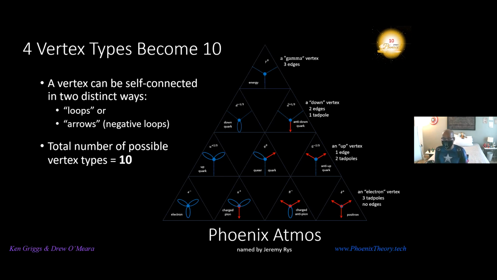However, a vertex can also connect to itself in a negative way. This kind of construction allows Phoenix to accommodate a new concept, which is antimatter. It is very consistent with graph theory that you allow for these 2 different types of connections. So in the end, we go from what we thought were simply 4 vertices to actually having 10 vertices. And these are the building blocks of Phoenix.